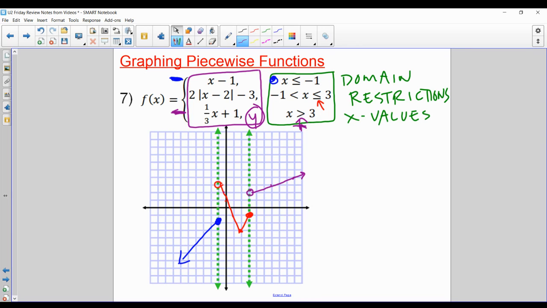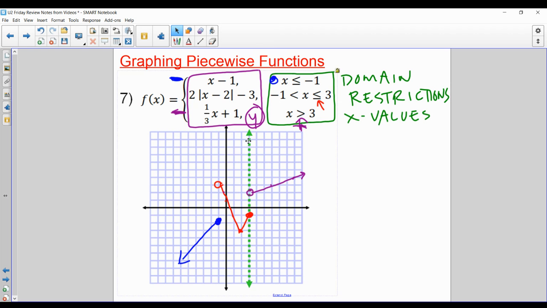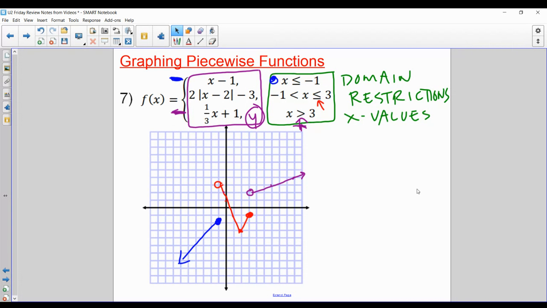So again, let's remember that these two green lines that I put in to help you see are not part of the function. All we've got is that. The blue function, the top one, happens where x is less than or equal to -1.